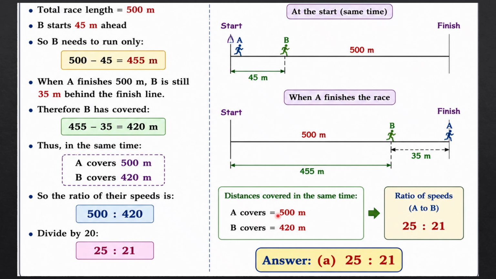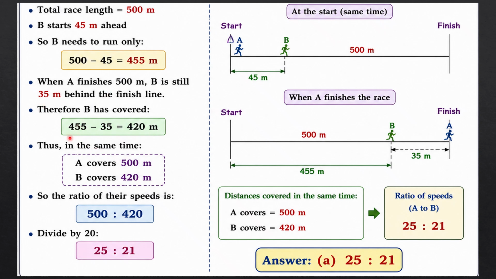So you can find that A covers 500 meter from origin to end point, but B covers, you can see here, initially 500 minus 45, because he's already 45 meter ahead of A. So we will subtract. So now remaining 455 meter from B's point to the finish point. But again we can observe from the question that he missed by 35 meter.